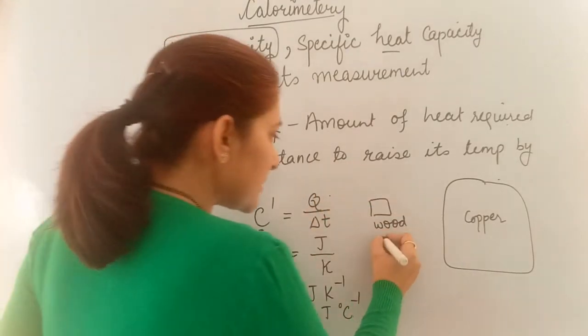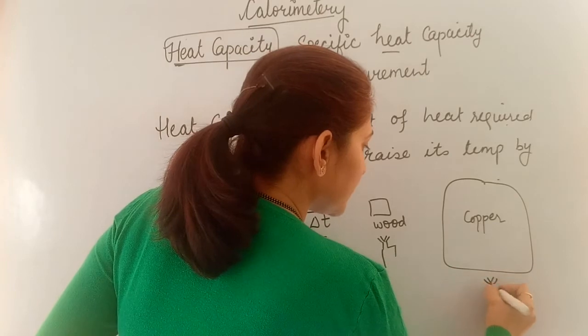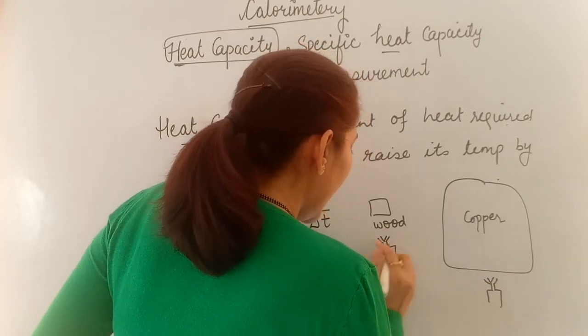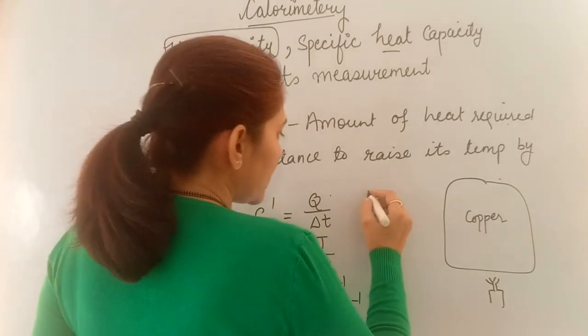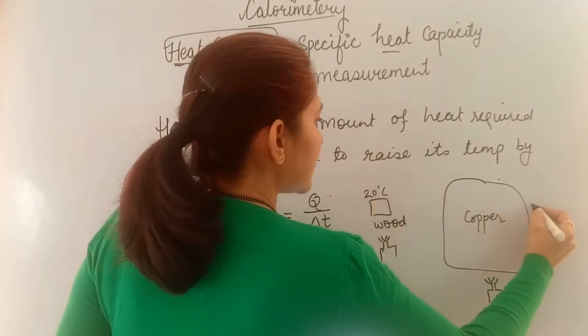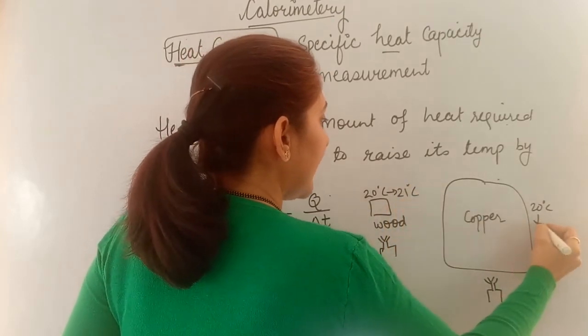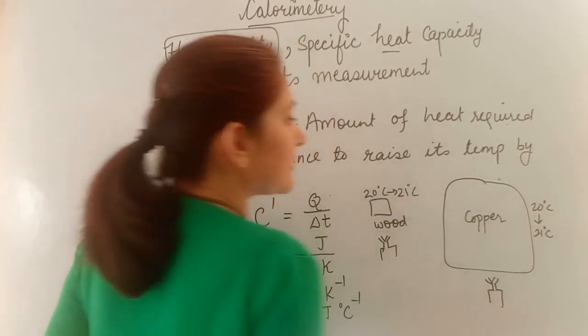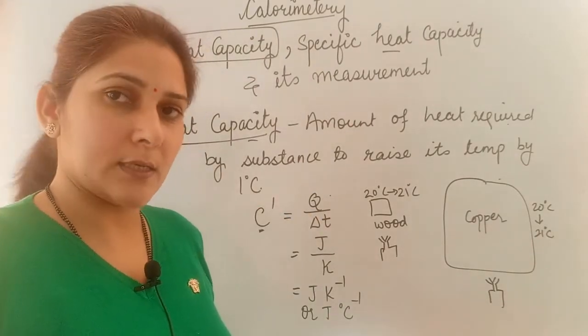I keep on supplying the heat at the same rate to both the pieces, and I have to raise the temperature by 1 degree Celsius. Suppose initially both are at 20 degree Celsius, and I have to bring both to 21 degree Celsius. That means the change in temperature is 1 degree Celsius.